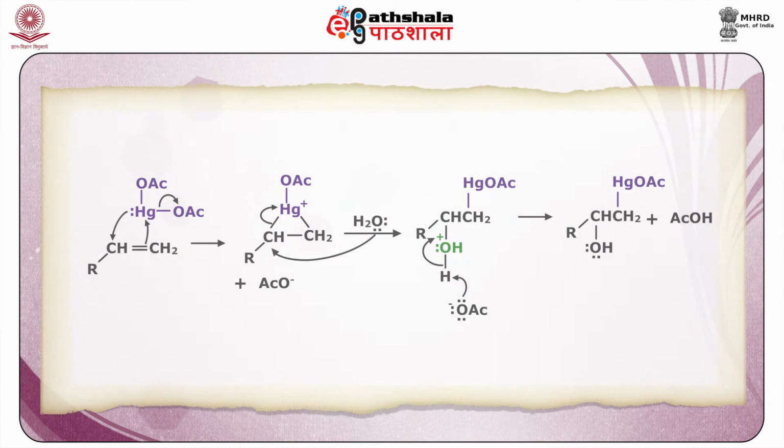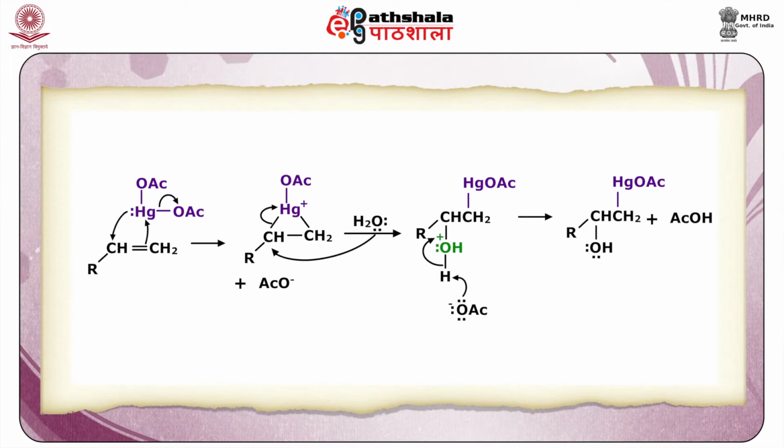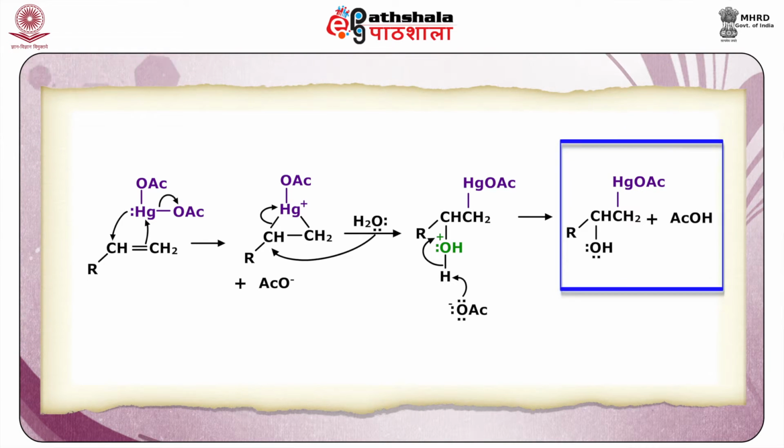In the first step of the mechanism, the electrophilic mercury of mercuric acetate will add to the double bond, and this results in the formation of a bridged mercurium ion analogous to the halonium ion in the addition of halogens that we have discussed. Subsequent attack by water at the more substituted carbon of the mercurium ion, which leads to a more stable transition state, eventually leads to the generation of an organomercurial alcohol.